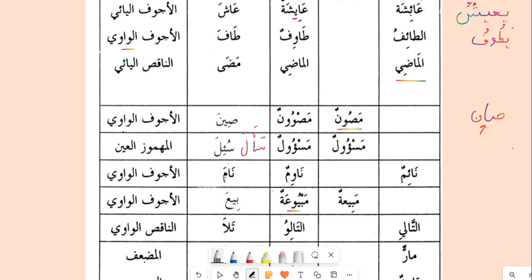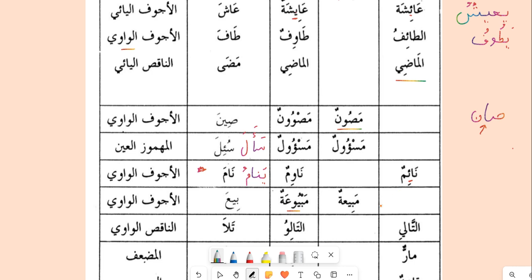Then this comes from nama, yanamu. This is an exception verb because in the present tense also the alif doesn't change, so it's yanamu. You need to remember all these exception verbs, yanamu, and in the fa'il it's nawimun. So we delete the waw and hamza comes in, na'imun, the one who sleeps.